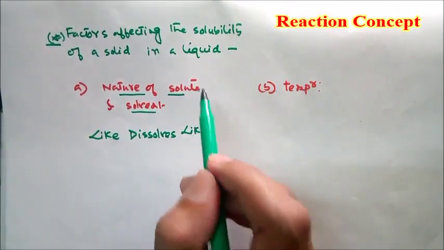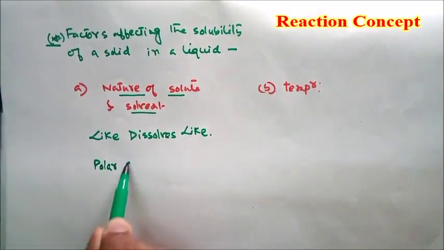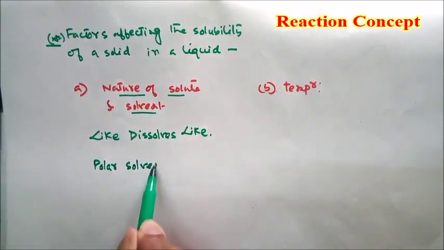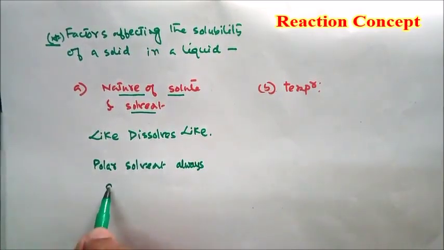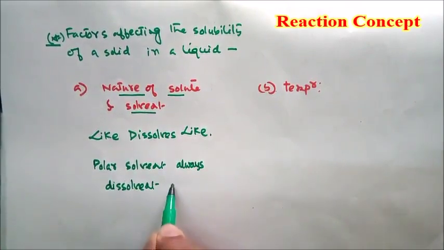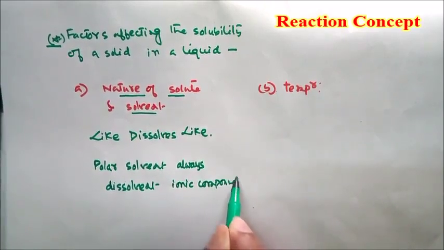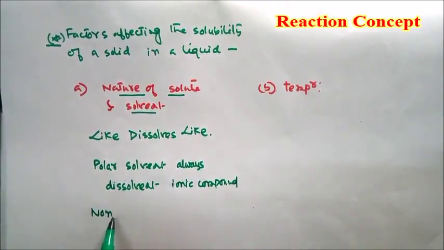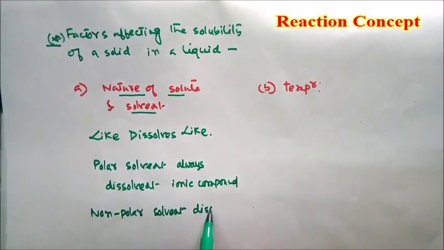This means a polar solvent always dissolves an ionic compound, whereas a non-polar solvent dissolves a covalent compound.